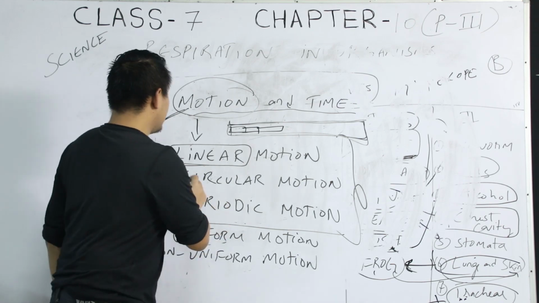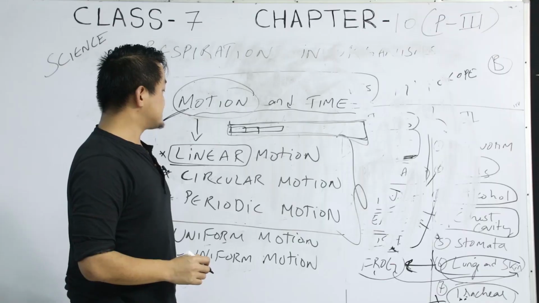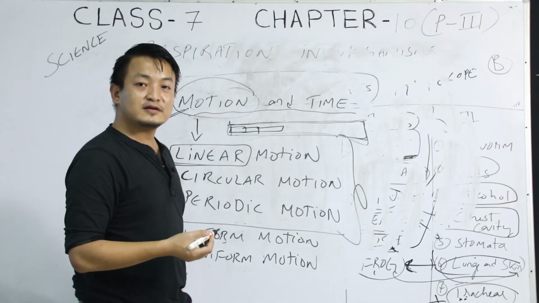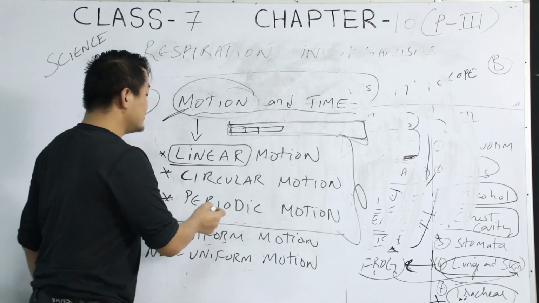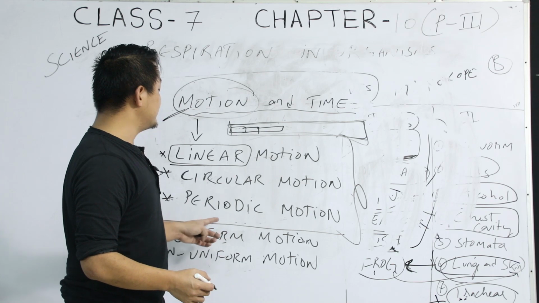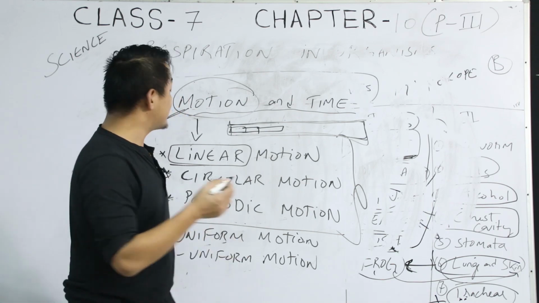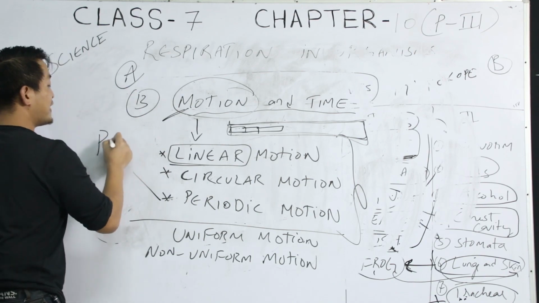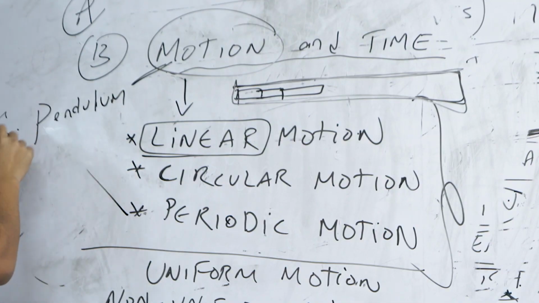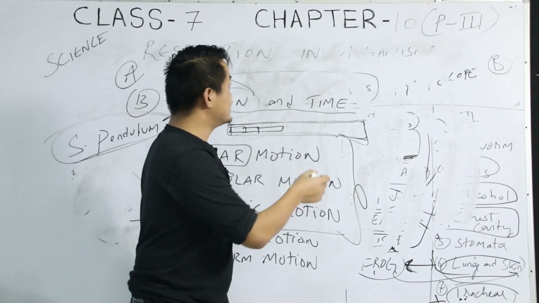Clear? Now, a circular motion. Circular motion, let's say a merry-go-round. Are you familiar? Right. Now, a periodic motion. A periodic motion will be a to-and-fro motion. Okay, we can take the example of a simple pendulum. To-and-fro motion of a simple pendulum.